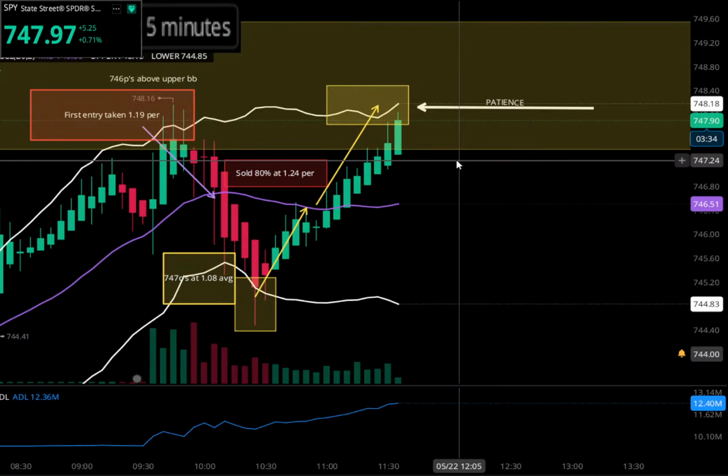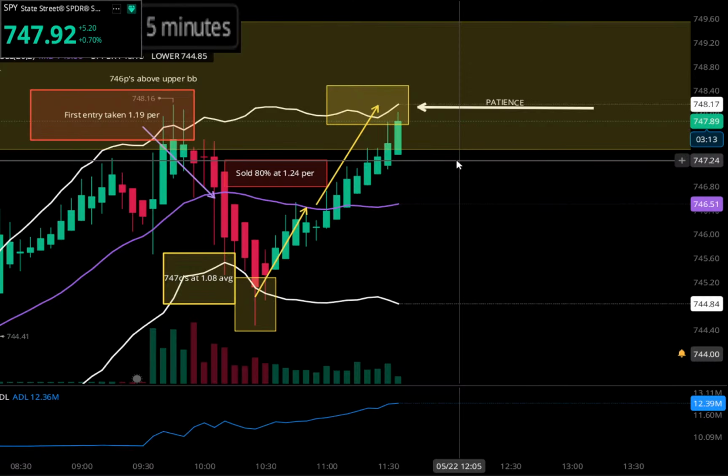I do have those set to the top of that cup essentially, and we will get ready to start targeting some puts when we do push this level.